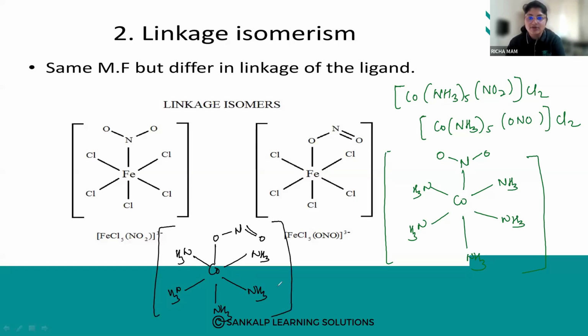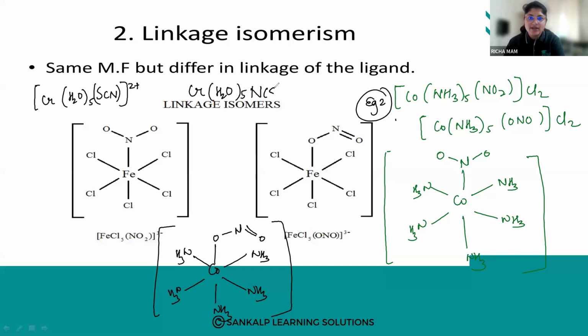Another example, so please note it down. Example number 2: take one more, chromium Cr H2O5 and SCN. In this case, you can see amphidentate ligands. Whenever you have amphidentate ligands, these will show linkage isomerism. We know that thiocyanate is also an amphidentate ligand.